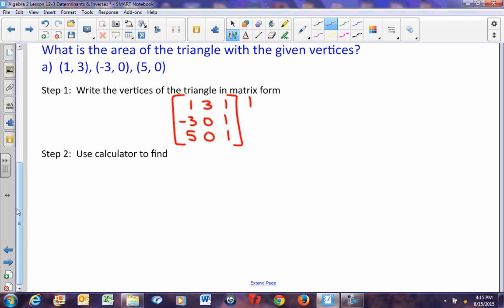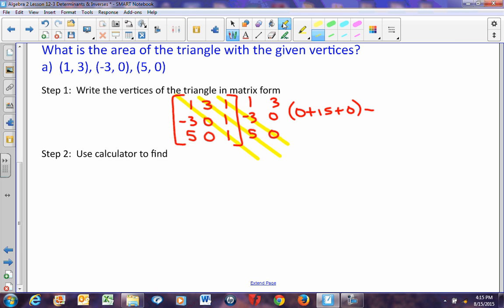So I need to do 1, 3, 1, negative 3, 0, 1, 5, 0, 1. So here I'm going to have 0 plus 15 plus 0, and I'm going to subtract from that 0 plus 0 plus 9.